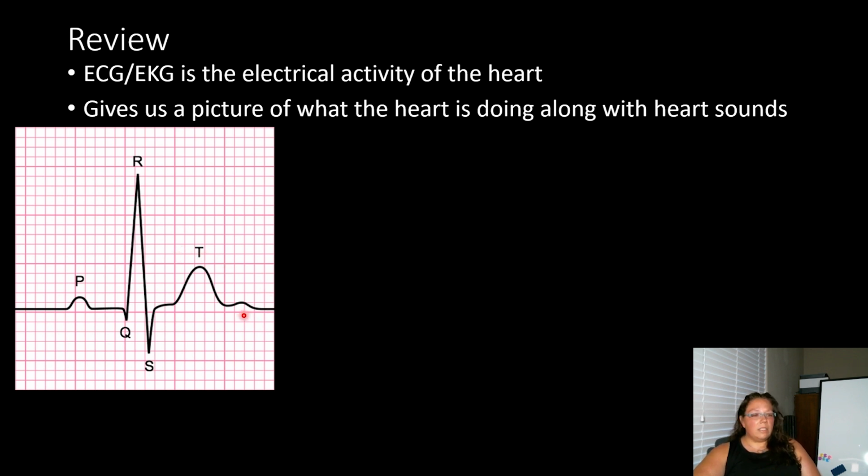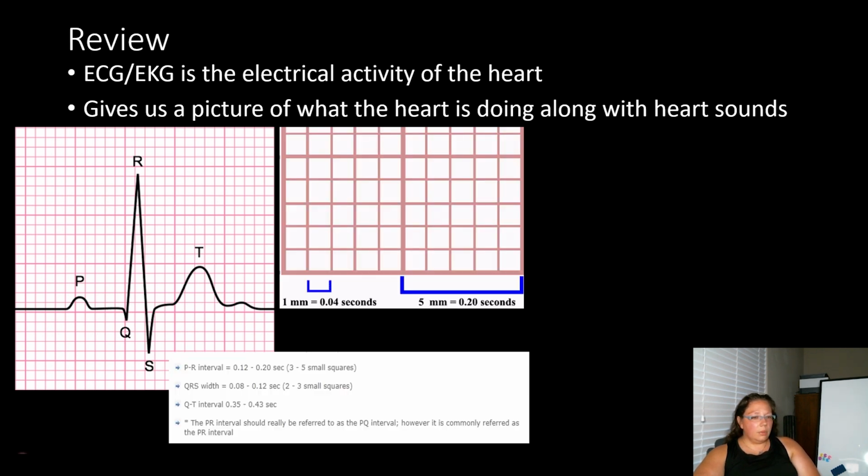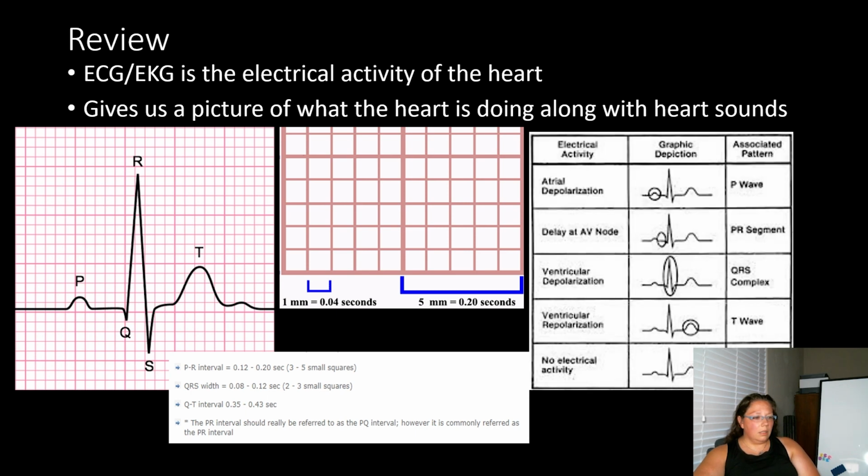And sometimes you'll have this U wave. So P, QRS, and T. That should be part of your EKG rhythm for normal rhythms and conditions with the heart. What do these all mean?